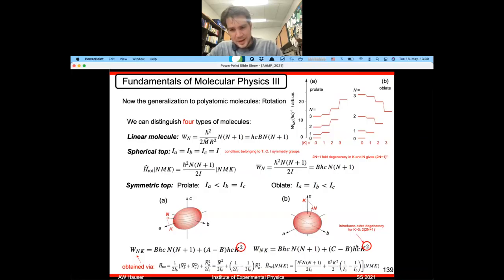If you look at the energy expression in the case of the symmetric top, you see that the value of K comes in squared.